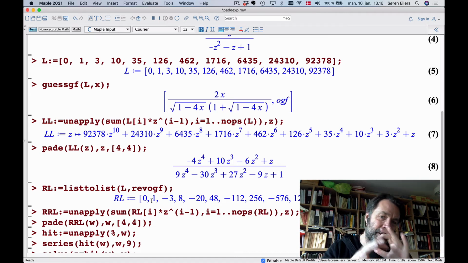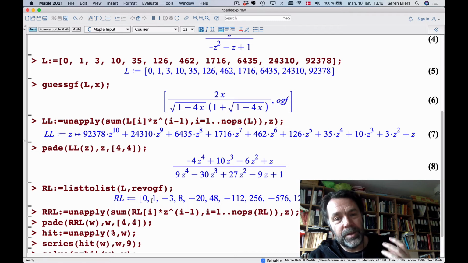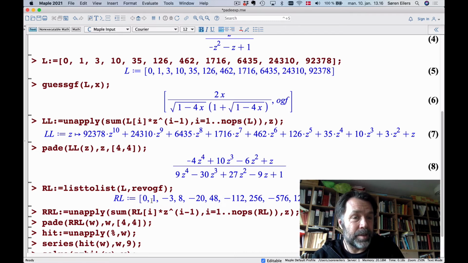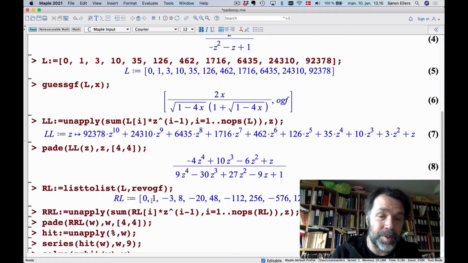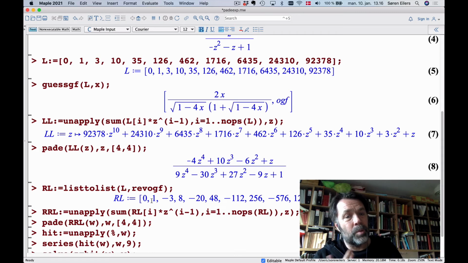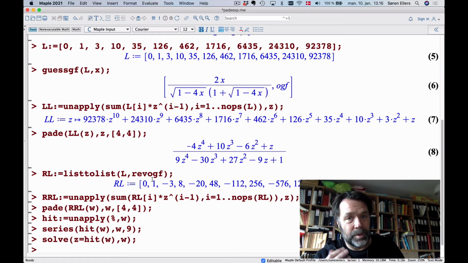It just has to be bijective close to 0. And then you can hope that the inverse of the function that you're looking at is also analytic, in the sense that it has a description as a power series. And if that happens, you can compute the power series. There's a straightforward formula, and this is built into Maple, and it's built in actually to the GFUN package that I'm using here.